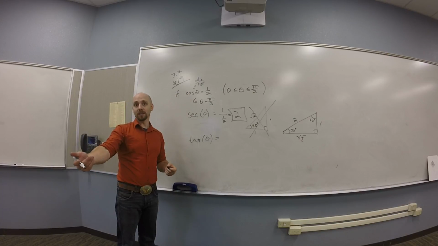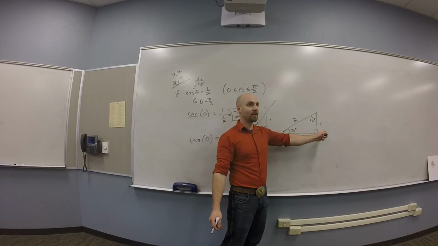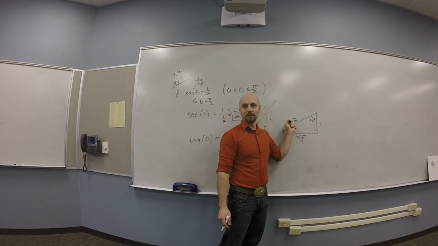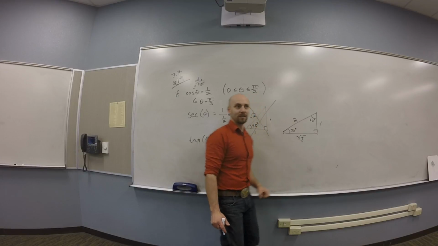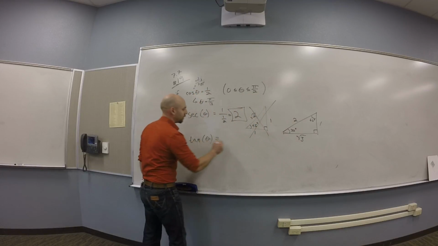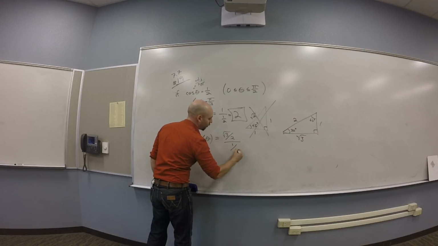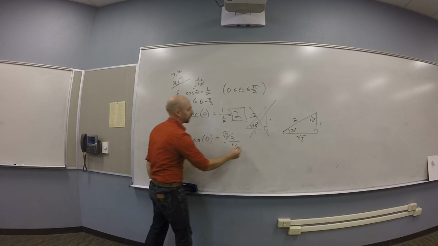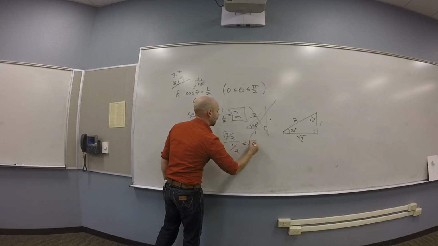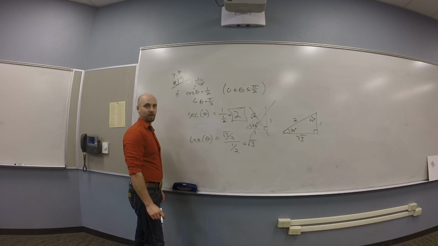I know the adjacent and the hypotenuse, so I could figure out the opposite. So I do square root of 3 over 2 divided by 1 over 2, which is square root of 3 over 1. Square root of 3.